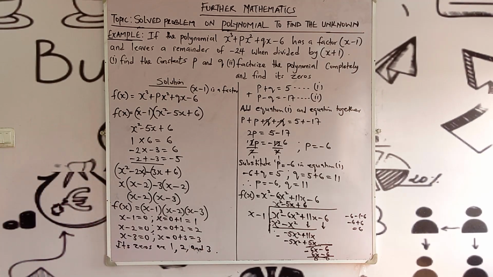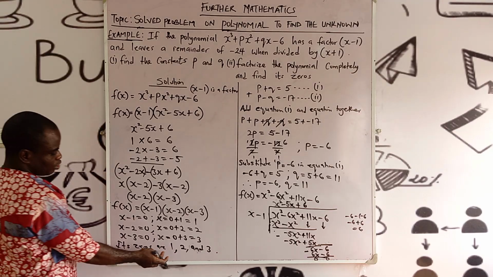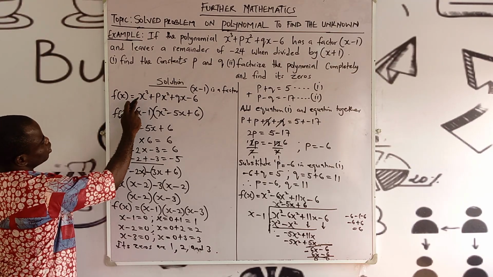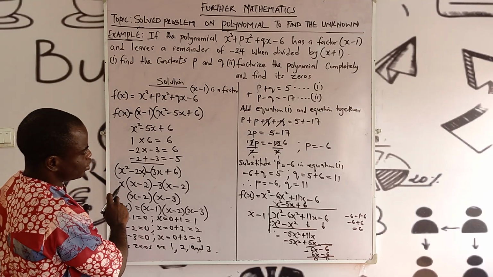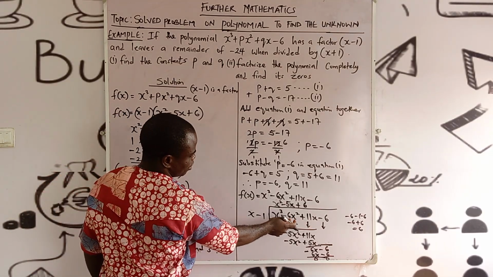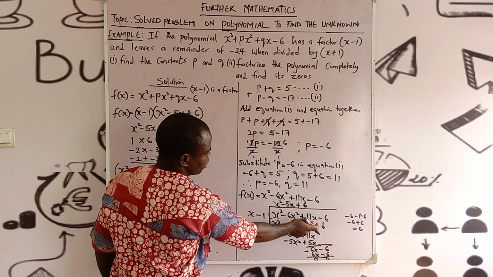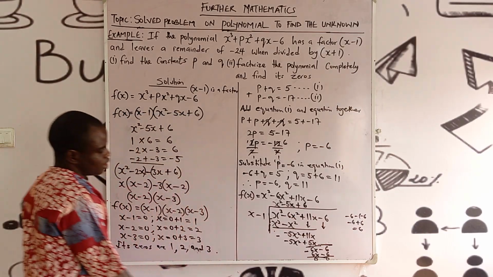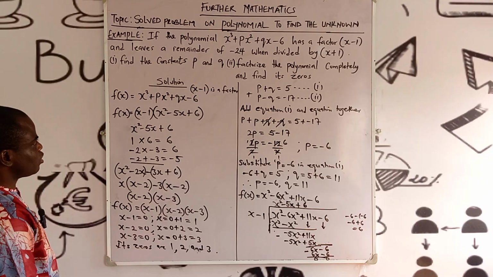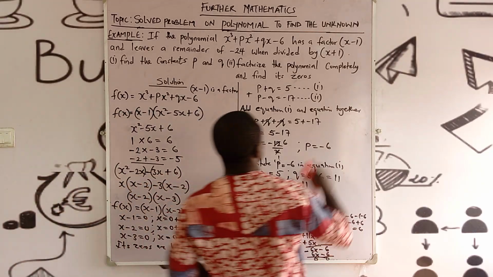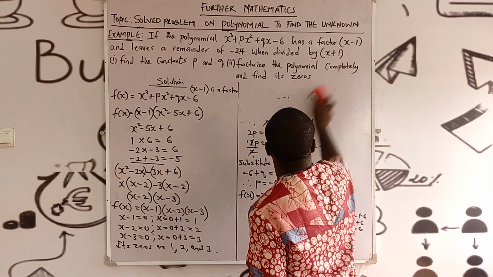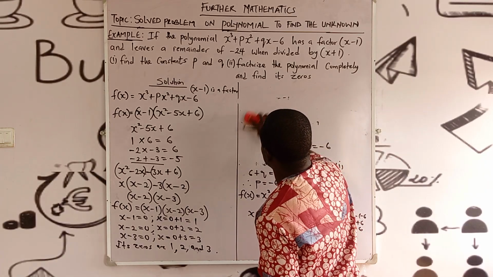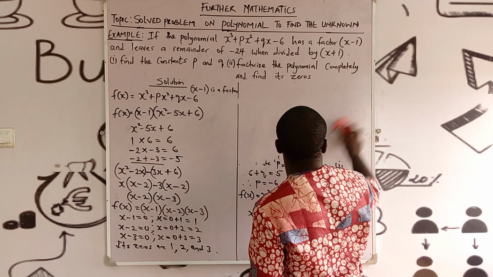How do you know it's 1, 2, and 3? Now when you substitute these numbers into our general expression, which is x cubed minus 6x squared plus 11x minus 6, it will give us 0. Now let's confirm it.